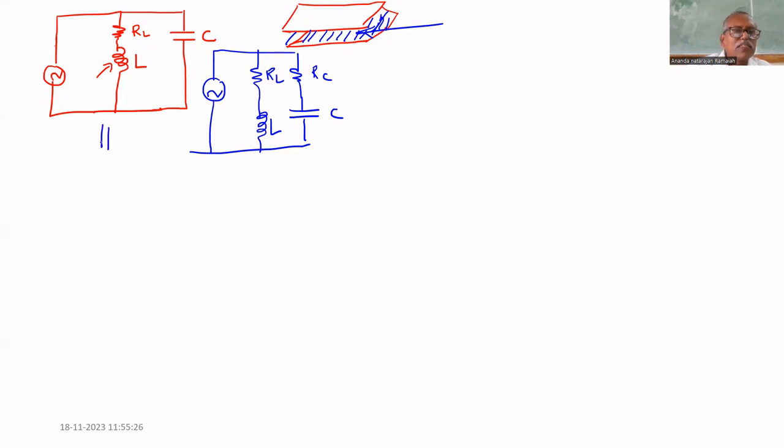First, let us find the resonant frequency for this first one. For that, what is Y equivalent?